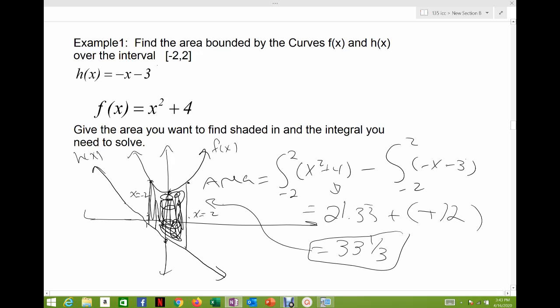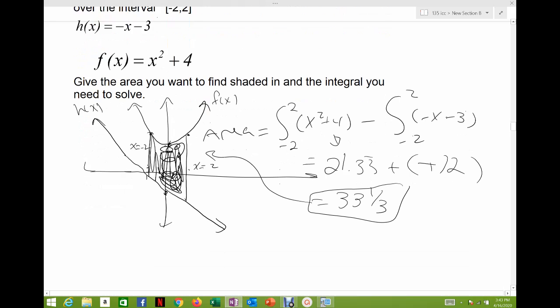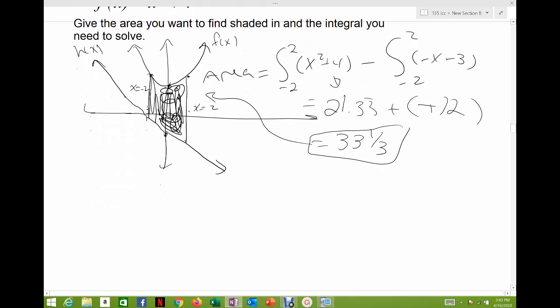Alright, that's the method if I want to use two integrals, and that's a perfectly fine method. There's nothing wrong with that. But we do prefer the other simpler case, because again, it's kind of unique that this happened. We can find the area using one integration. So integrating from -2 to 2, x squared plus 4 minus a -x minus 3.